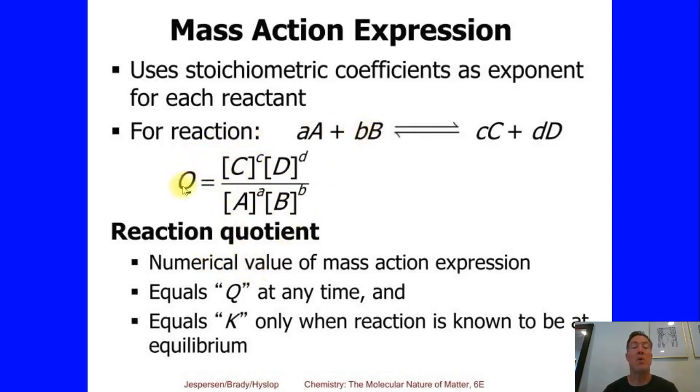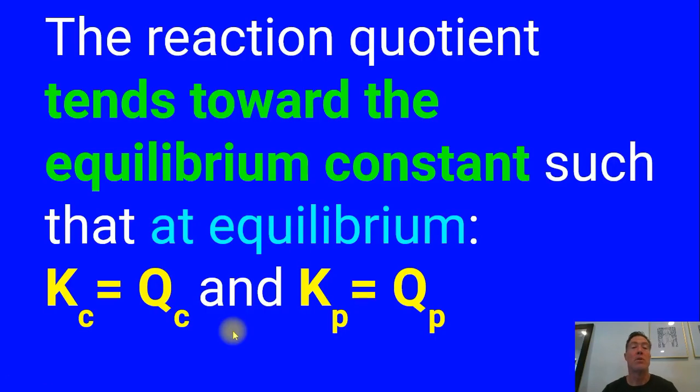So this is a more general expression. We only call it K when the reaction is known to be at equilibrium. So at equilibrium, our K and our Q values will be equal to each other, whether we're looking at concentrations or at partial pressures.